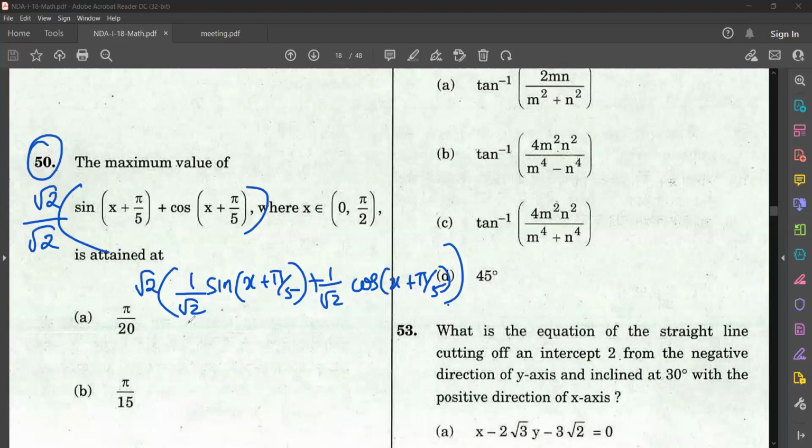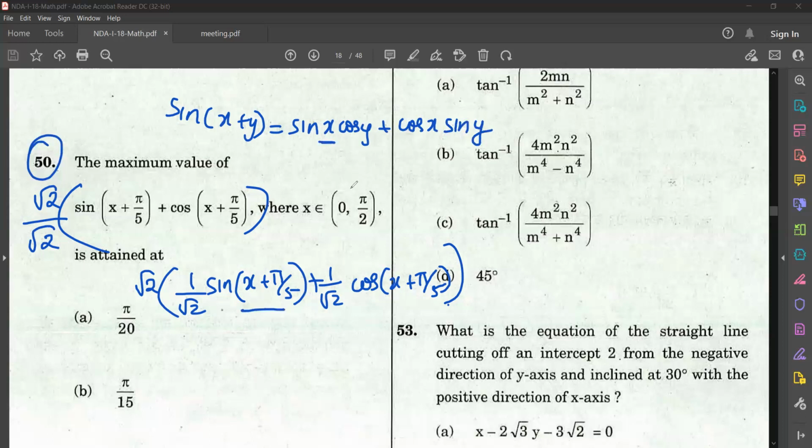So listen, this is of which form? Does this become the formula of sin(x + y)? What is the equation for sin(x + y)? Sin(x + y) is sin x cos y plus cos x sin y. So does that become like this?